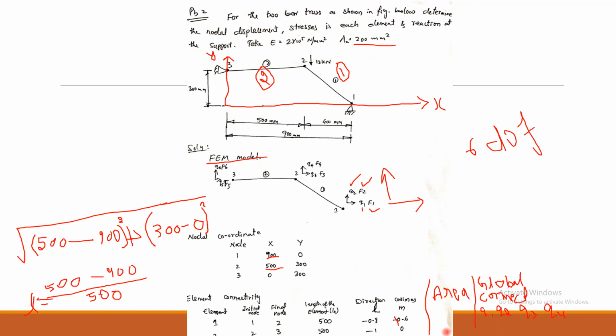Okay. After that, area is also the same area, that is 200 mm square, and global connectivity, since it starts from node 2 to 3, node 2 is having Q3, Q4 and then Q5, Q6.